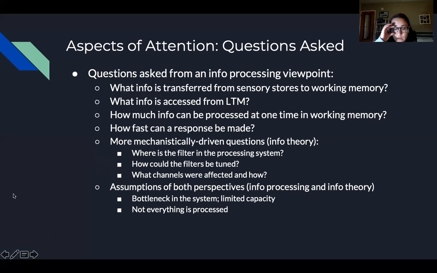So again, this research brings up a lot of questions about what the various aspects of attention are, how attention happens, quote unquote. There are various places in our brain's information processing system where this process of attention is really critical.